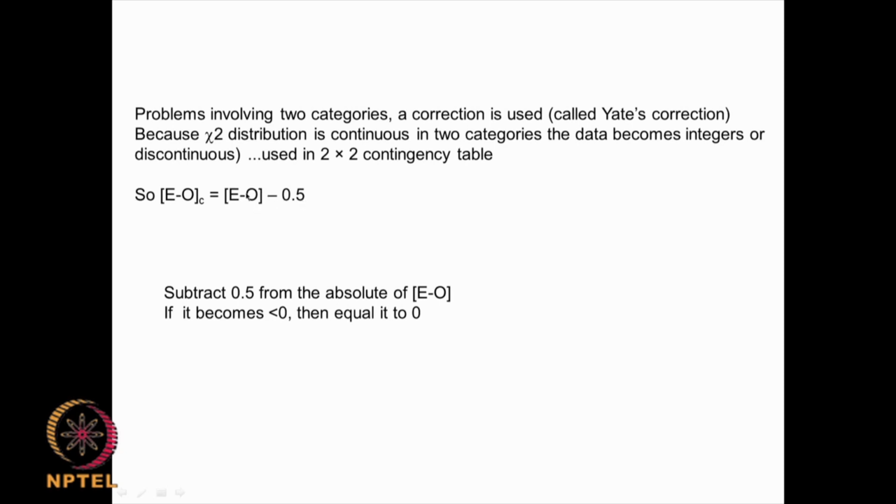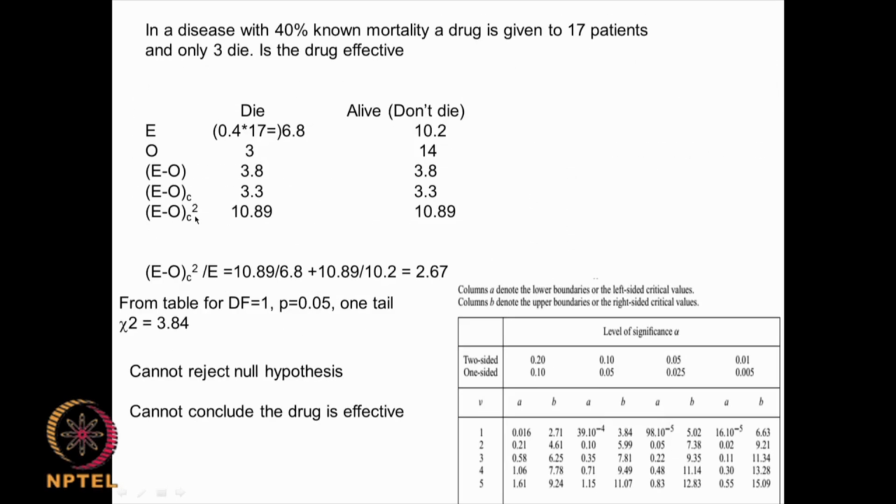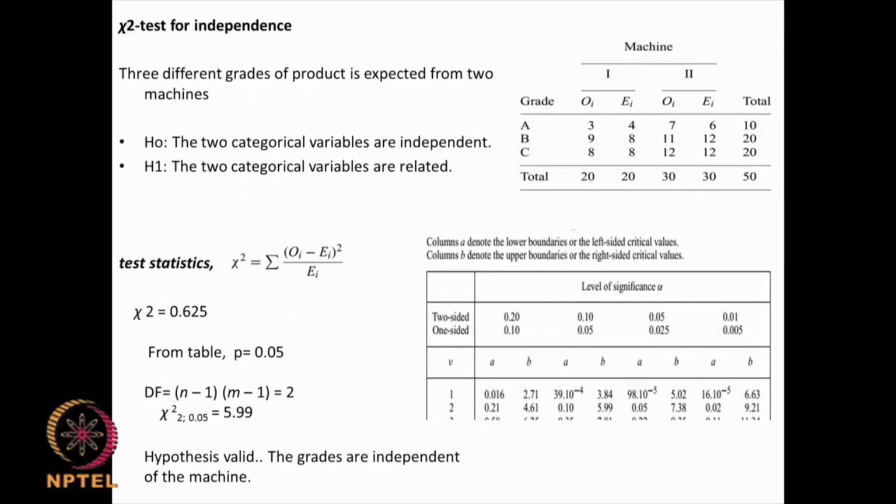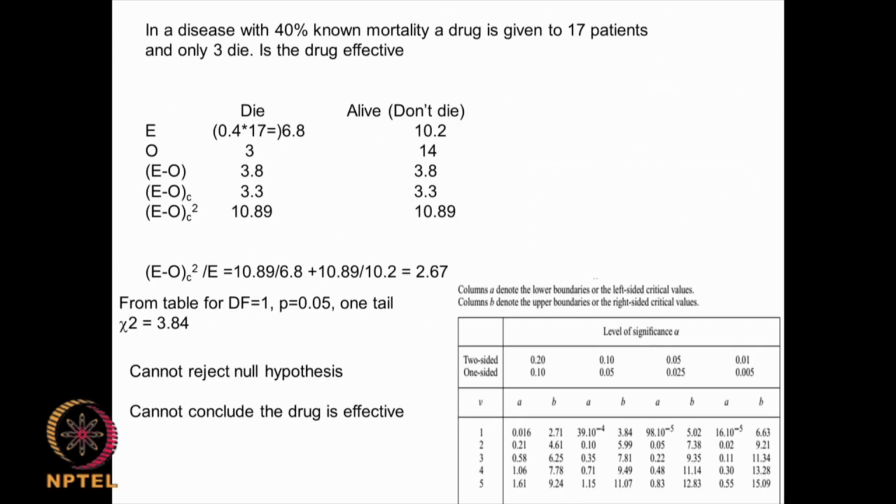It is very simple. But if it becomes less than 0 after subtracting, then you take it as 0, do not forget it. Whether it is E minus O or O minus E, we take the absolute value, subtract 0.5 from that and then perform the calculation. That will be the corrected value, and after that you square it and divide by E, and so on.